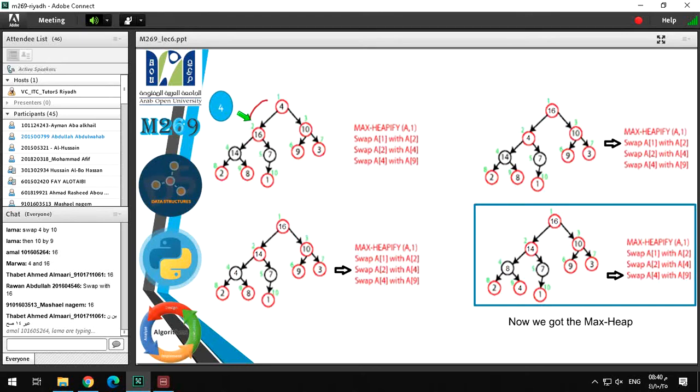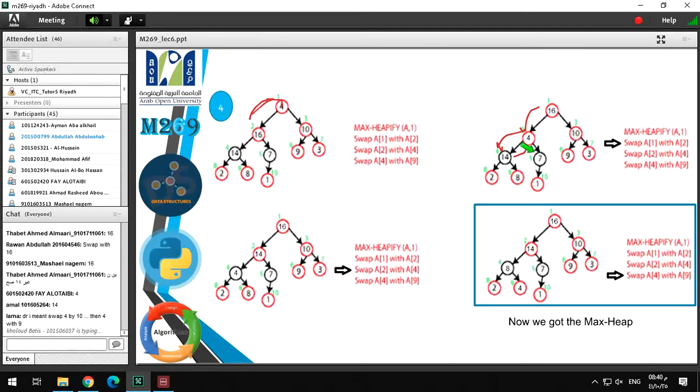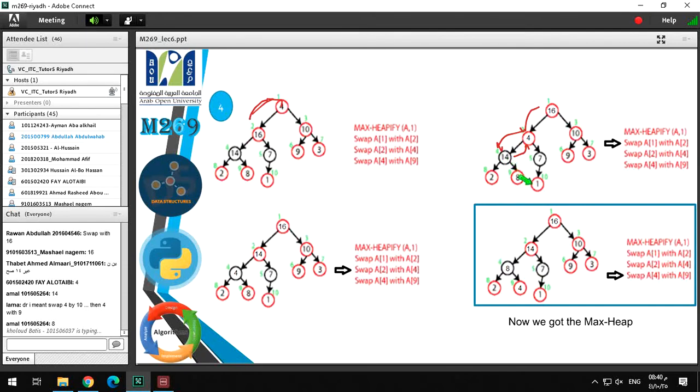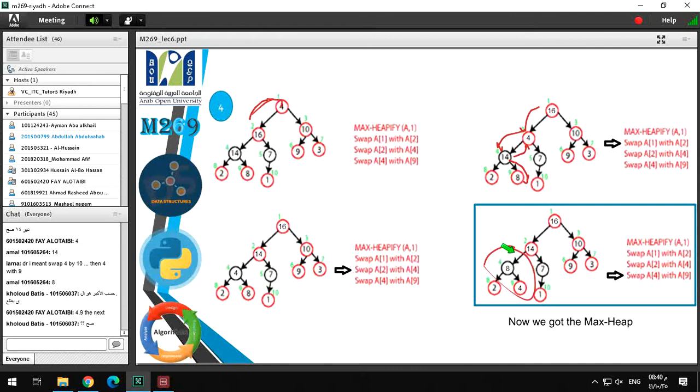So here we have, see, 16 goes up and 4 goes down. Again, we need to make another swap. 4 will go down because 14 is bigger, so 14 will go up and 4 will go down. Again, the 4 is smaller than 8, so we'll replace 8 by 4. So the new 4 will be here. Yes, correct.